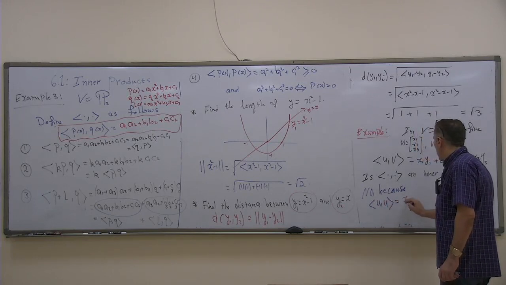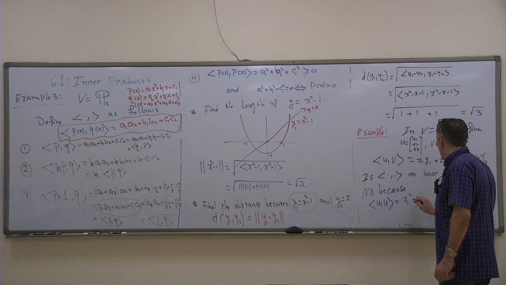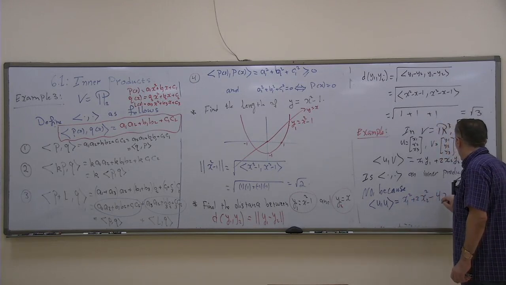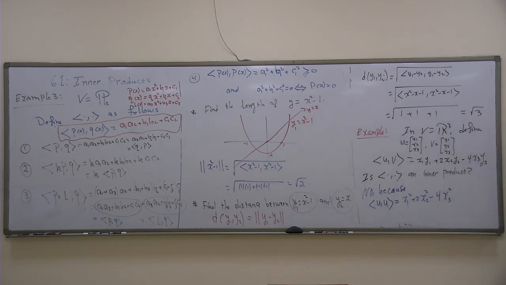You get x1 squared plus 2x2 squared minus 4x3 squared. Now, is this larger than or equal to 0 all the time? Well, not necessarily. This could make it negative.